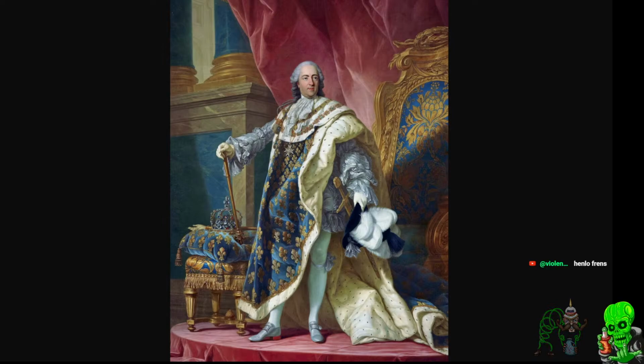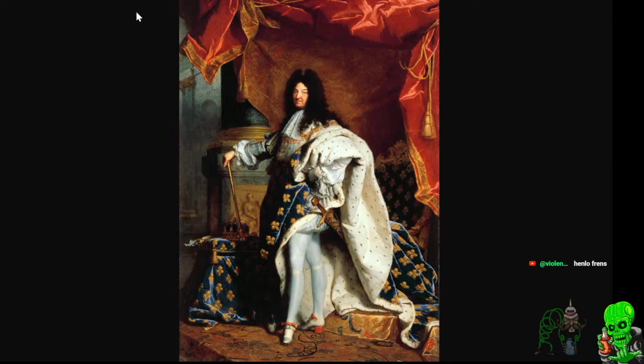It was a reaction to the style of, or came in under, Louis the 15th, and it was a reaction to the French classicism which was popular under Louis the 14th and considered heavy and overly formal.